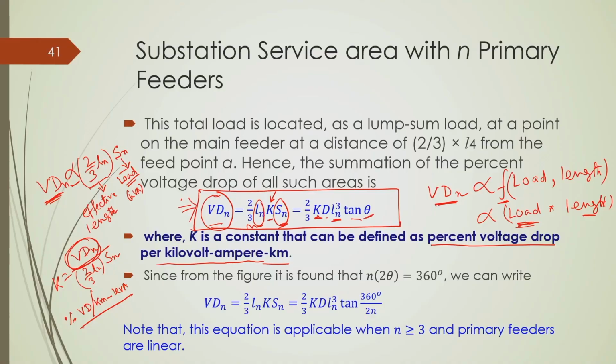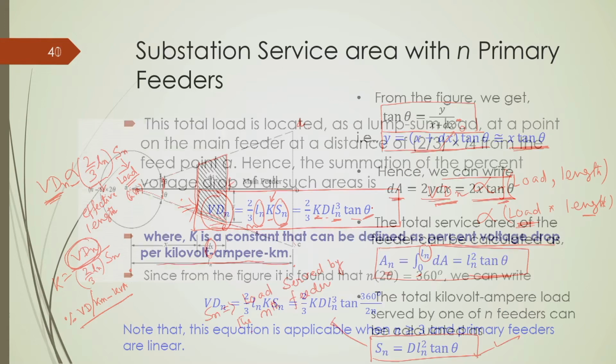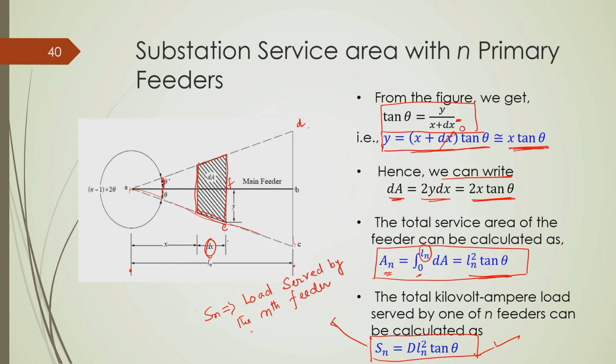Now, only one thing we will do, that is replace theta with a function of n. How can we do that? If you go back and see this figure, this angle is 2 theta, and we have another n minus 1 feeders, each having a 2 theta angle like this.